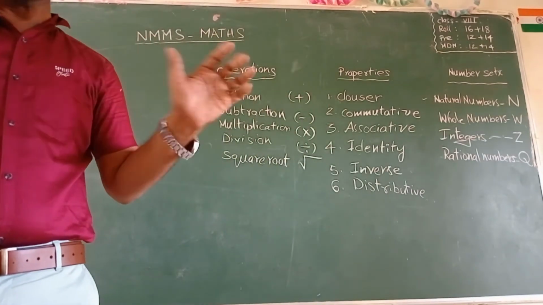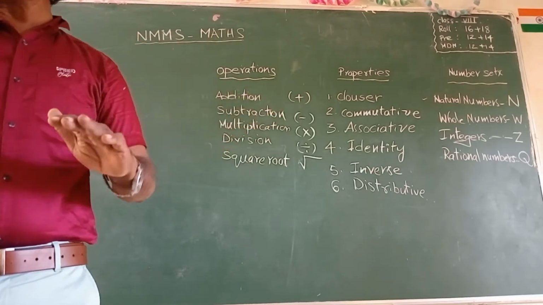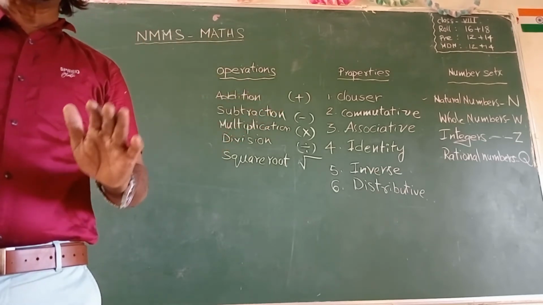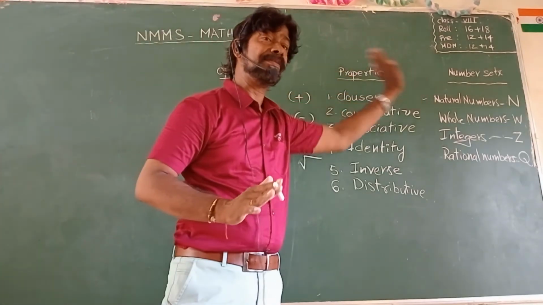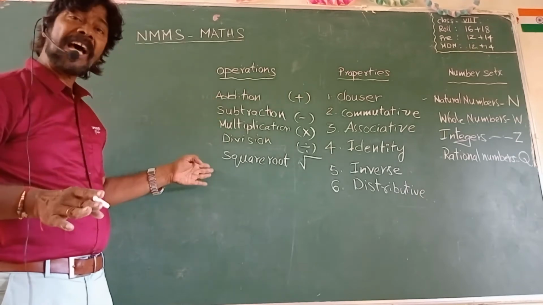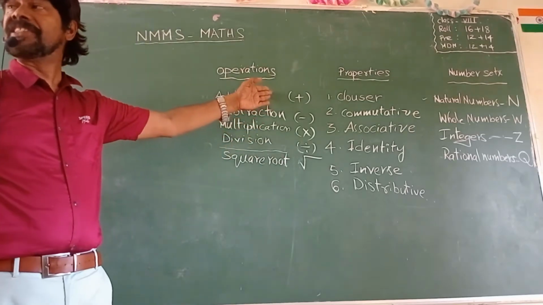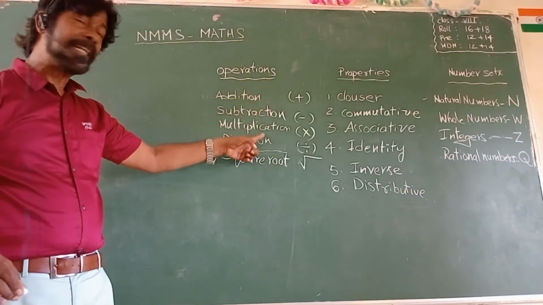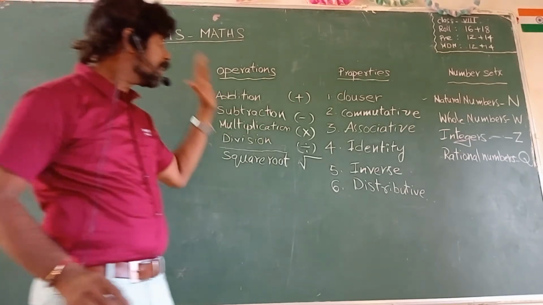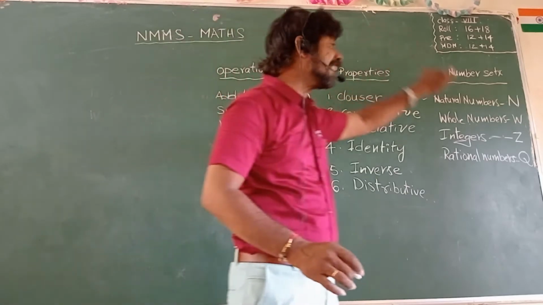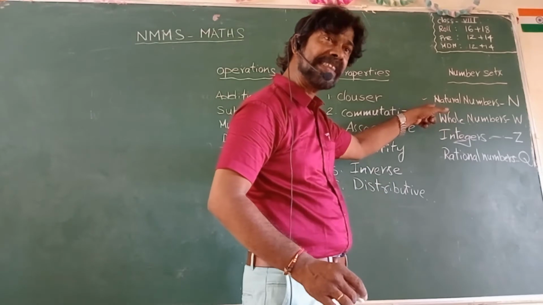There are 6 properties up to now, and we check whether these 6 properties are satisfied in these operations for the set. Generally we say 4 operations: addition, subtraction, multiplication, division. So for these operations, now we are writing 4 sets on the board: natural number set.